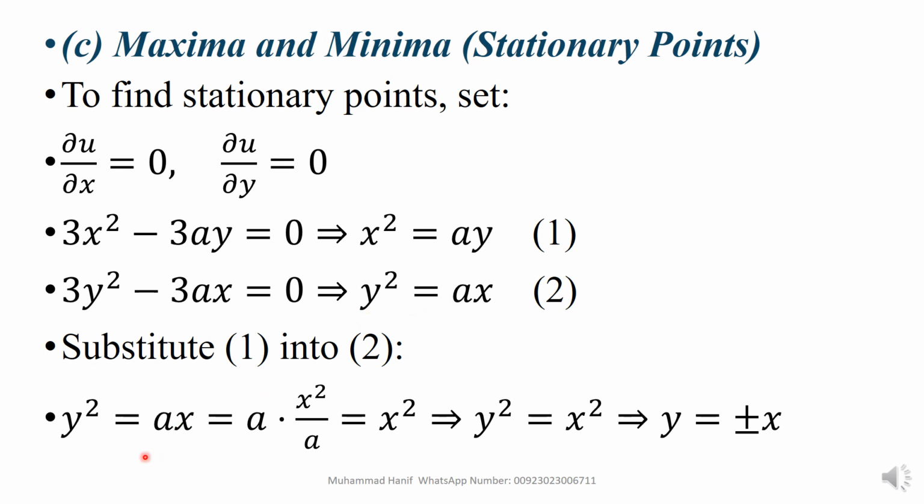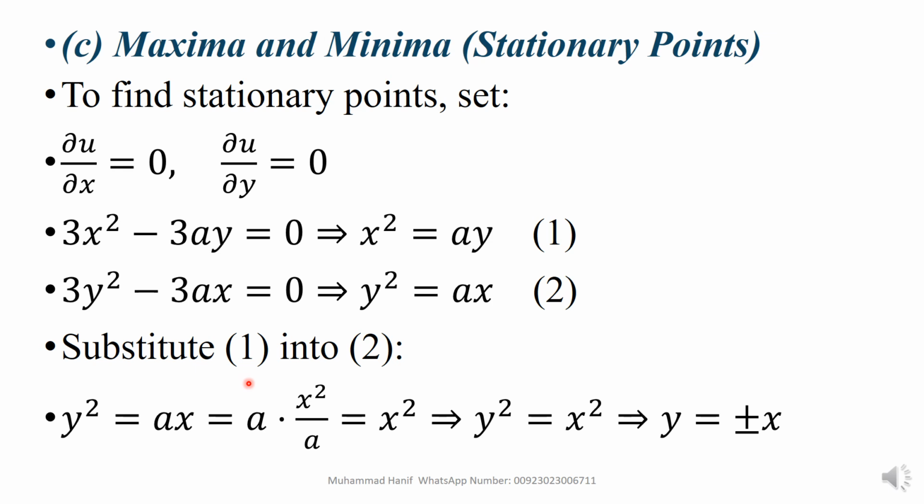You can see here we put in the value of a. x square upon a equal to x square, which implies y square equal to x square, which implies that y equal to plus minus x. This is a very simple function. You can see here this is very important.